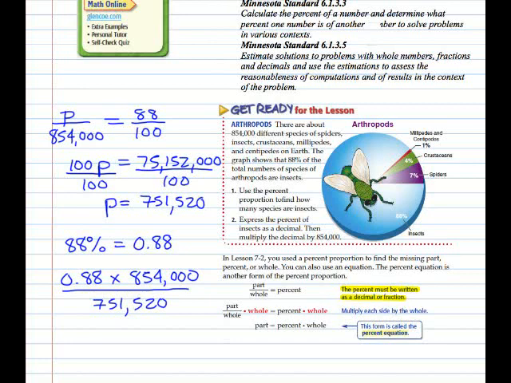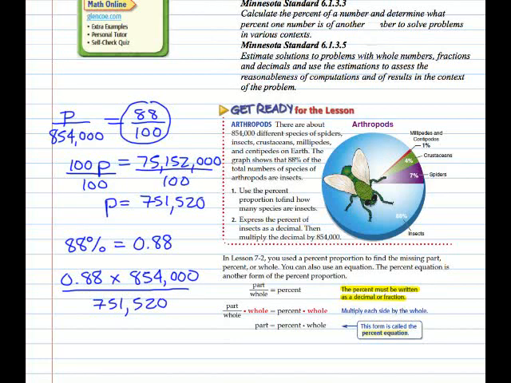In Lesson 7.2, you used a percent proportion to find the missing part, percent, or whole. You can also use an equation. The percent equation is another form of the percent proportion. This is the percent proportion with one slight change. Instead of writing this ratio of percent to 100, they've changed it.